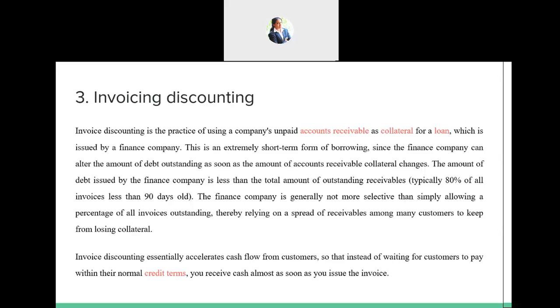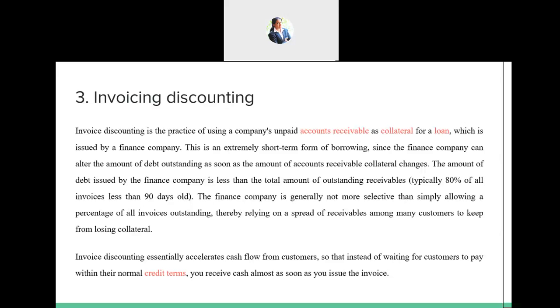This type of discounting is used for very short term borrowing, because the finance company can alter the amount of debt outstanding as soon as the amount of accounts receivable changes.